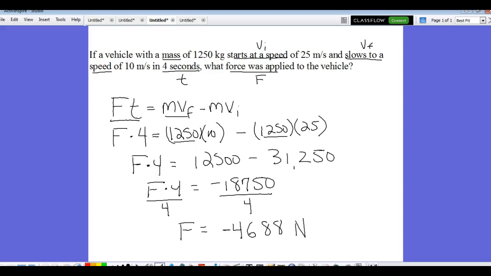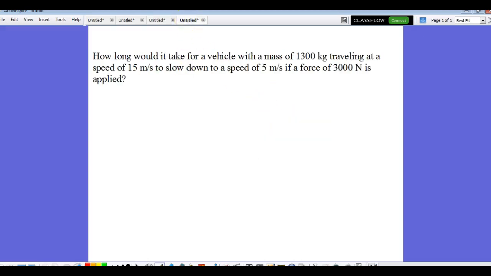The other way to do these is for time, and it's really not that much different. We go and look at what we have. It says how long. That's going to be time, right? For a vehicle, here's our mass, 1,300. Traveling at a speed, so this is your traveling, it's velocity initial. To slow down to, there's a slowing down, this is going to be velocity final, and then here's a force, 3,000 newtons, that's your force.